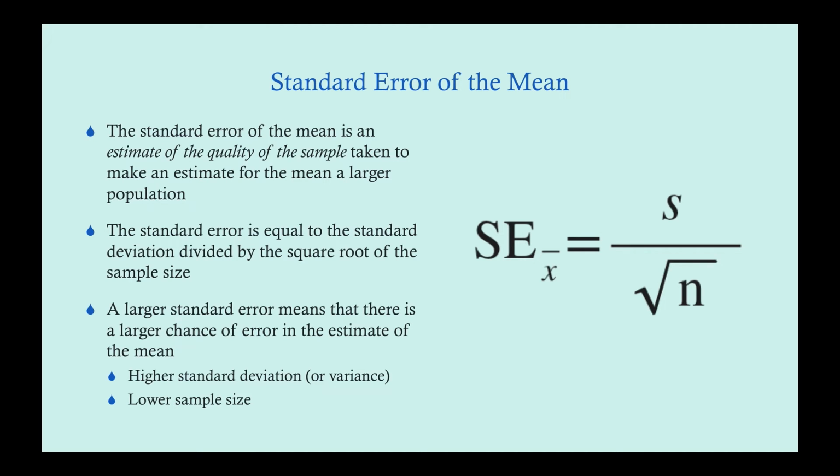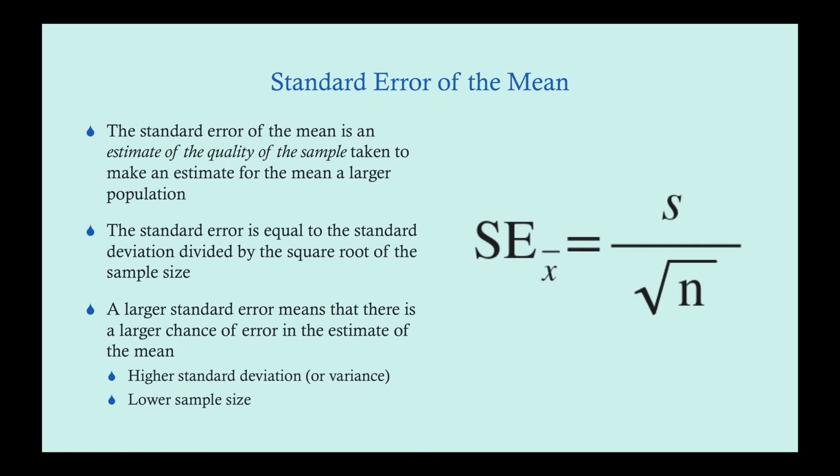So whenever you do take a sample, let's say you want to figure out what the average blood pressure is for a population in a city, and you take 50 people from that city. You can't take an entire city of 100,000 people and test all their blood pressures. That wouldn't be realistic. But what you can do is test 50 people, and then make an inference as to what the average blood pressure in that city might be, or maybe a population given a certain race or something like that.